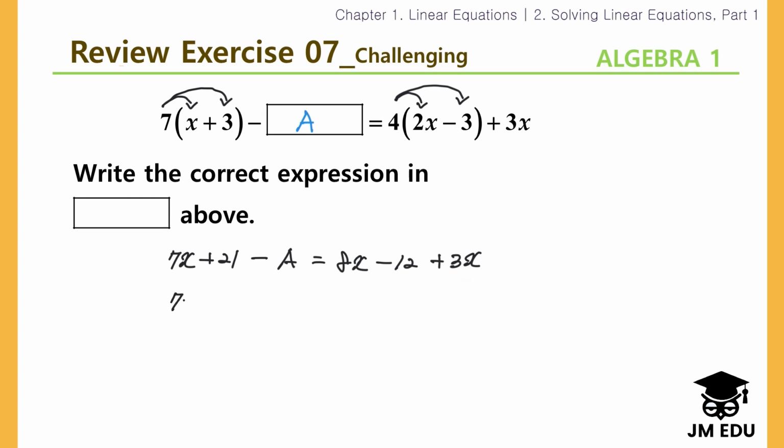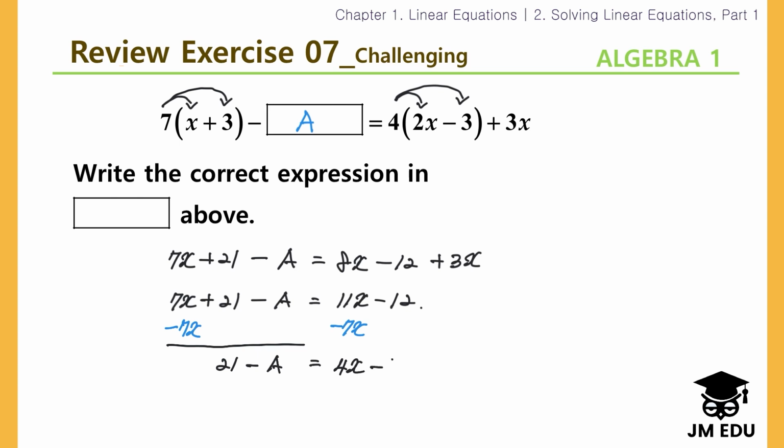So let's simplify that. 7x plus 21 minus a is equal to 8x plus 3x. That's going to be 11x minus 12, right? So what I'm going to do is eliminate these two terms. First, let's remove 7x by subtracting 7x each side. Then I'm going to have 21 minus a is equal to 11x minus 7x. That's going to be 4x minus 12, right?